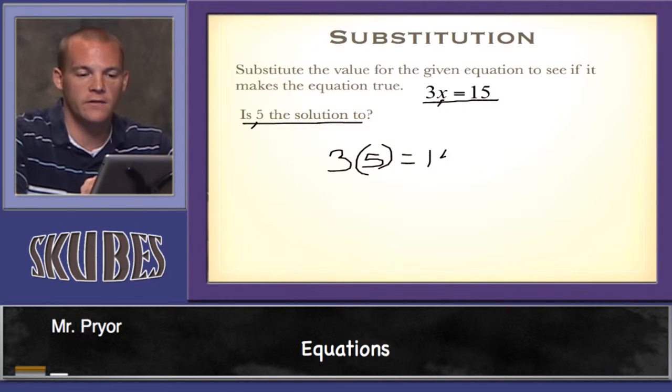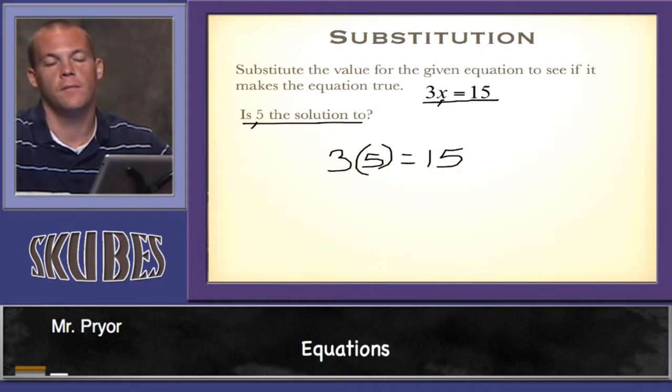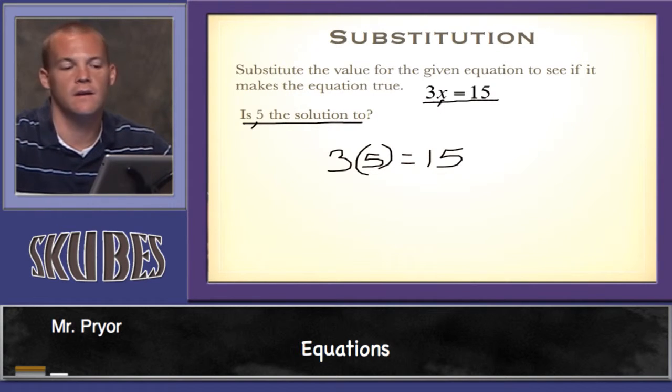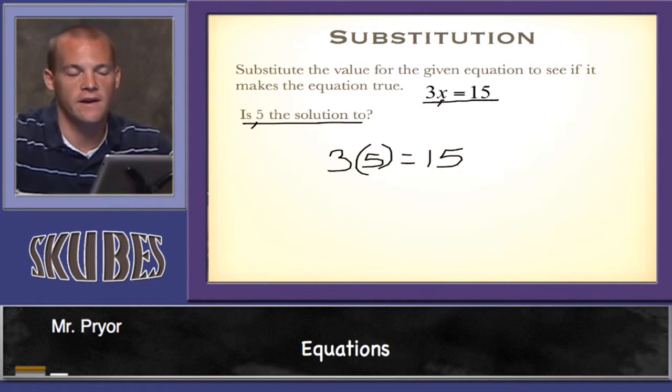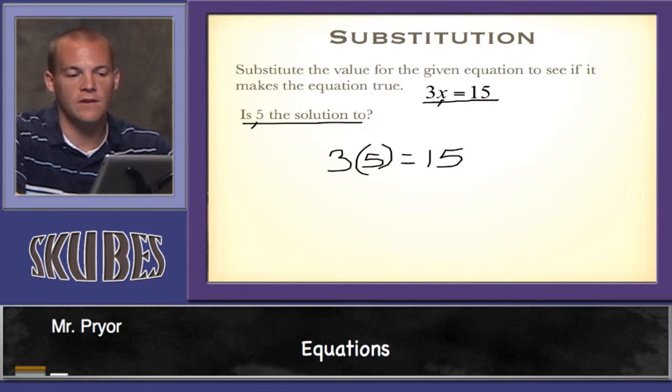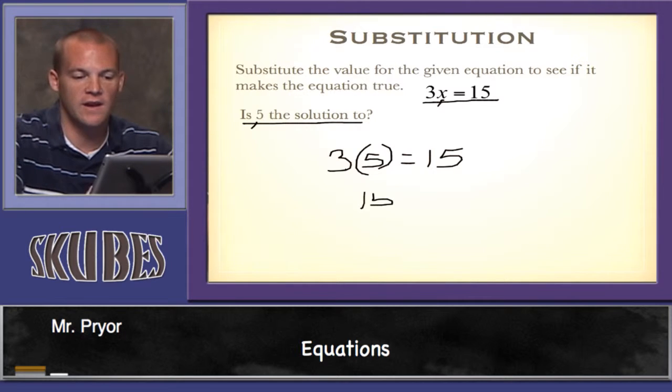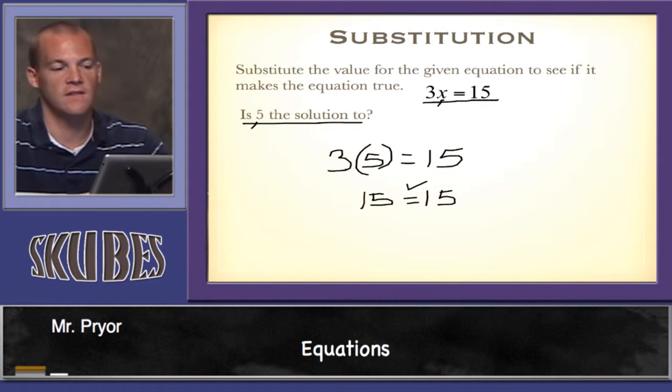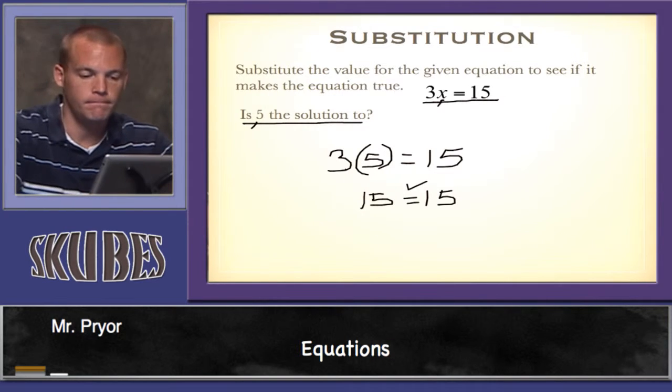And the reason why is because that separates the portion of the problem that you've put in. Later on you'll see that that has some benefits as you move forward more in math. But right now we can see if we do 3 times 5 that we do actually get 15. So both sides of our equation give us 15, which means that this is a solution.